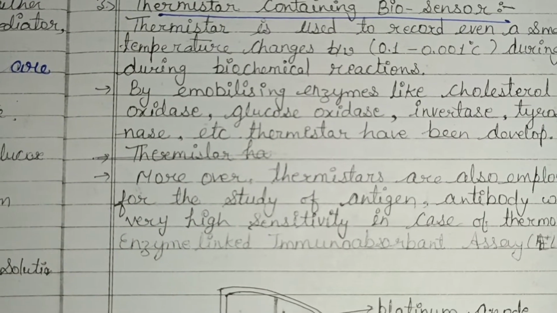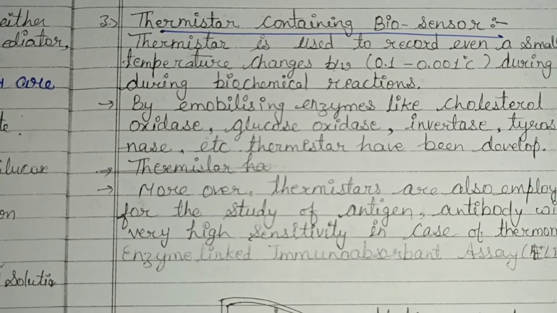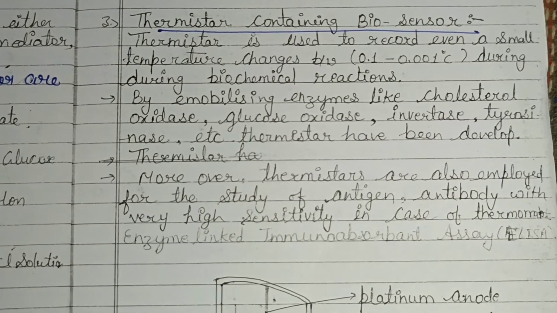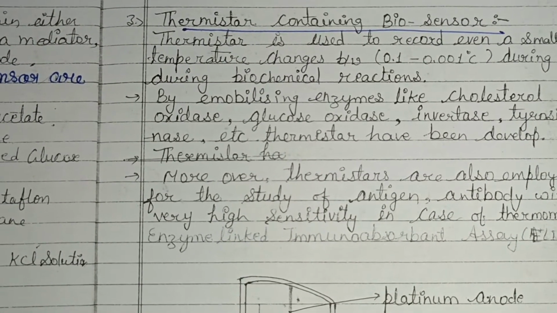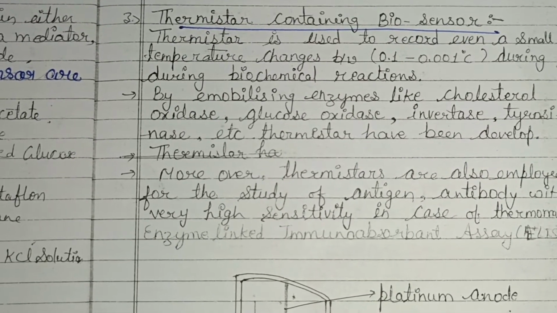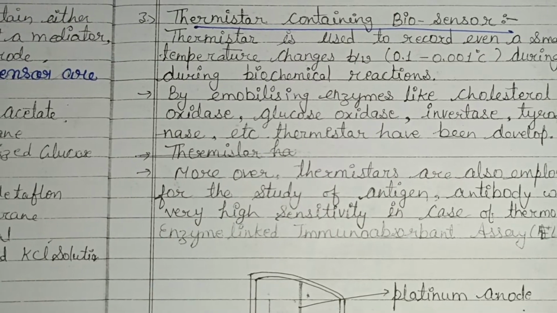So thermistor is basically a device to analyze the variations in the temperature. By immobilizing enzymes, like cholesterol oxidase, glucose oxidase, invertase, tyrosinase, etc., thermistors have been developed. So basically these enzymes are used in thermistor.